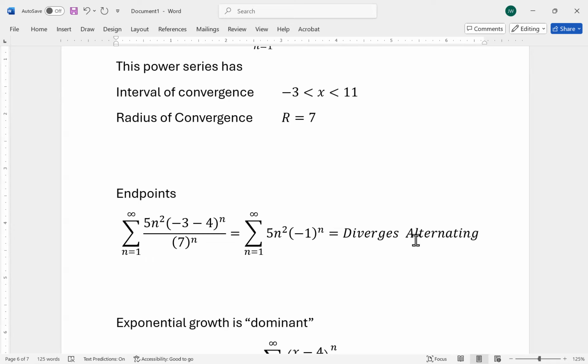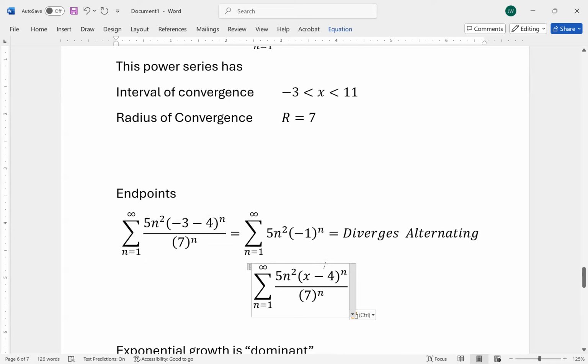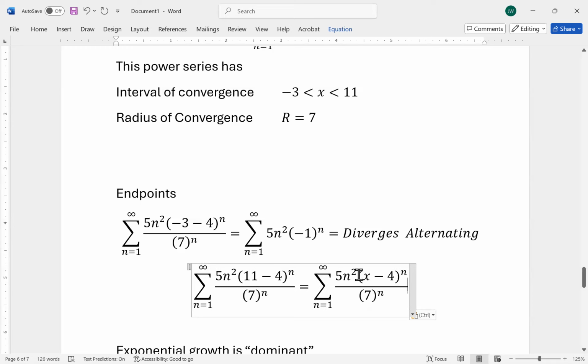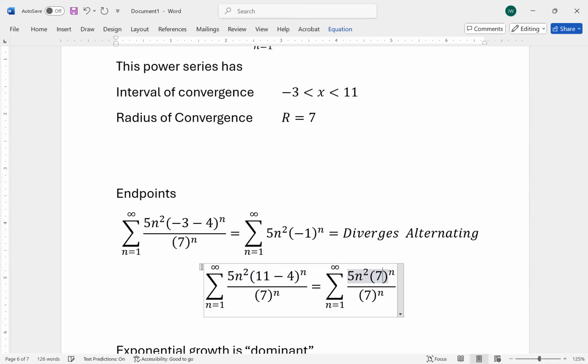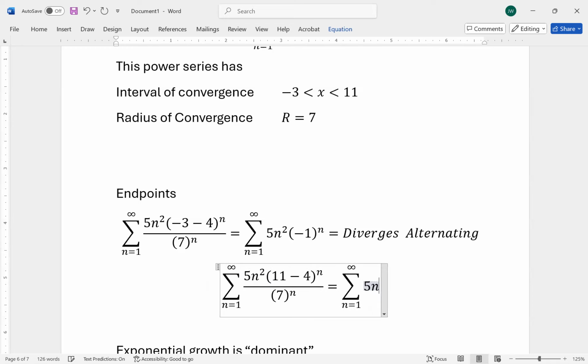If I plug in the other endpoint of 7, not 7, excuse me, 11, what you'll get is 7 raised to the nth power divided by 7 raised to the nth power. Those will cancel each other out, and you'll just be left with 5n squared.